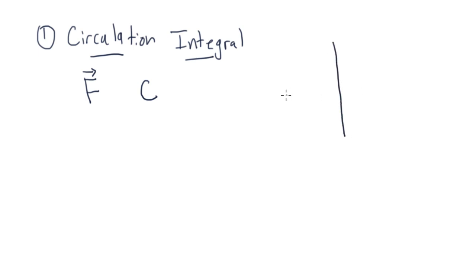Okay, so let's just draw what's going on here. And I'll say that it really makes the most sense to talk about circulation integrals in the plane. And the same thing for flux line integrals. So we're really going to narrow down to just talking about vector fields in the plane. So a vector field in the plane is just a rule that assigns to each point in the plane a vector like this.